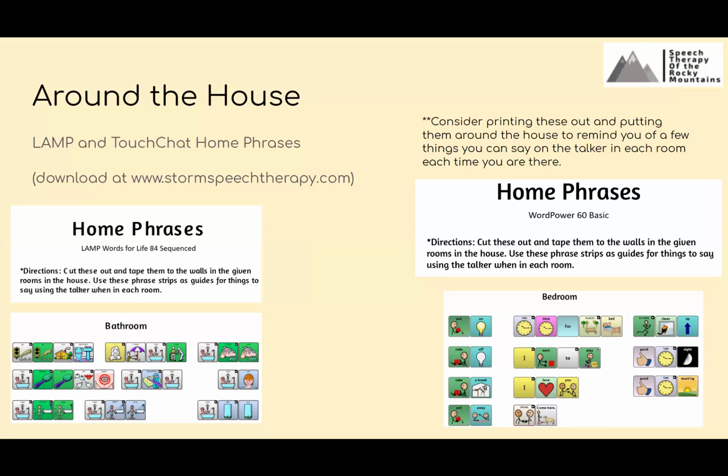You'll notice some of these things are things that your child probably won't say, but you would say. And the idea is that you're modeling touching these things to talk to your child, not necessarily having the child touch these to talk to you, even though it could end up like that.